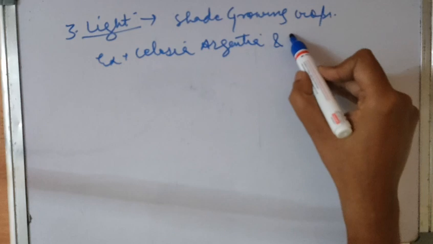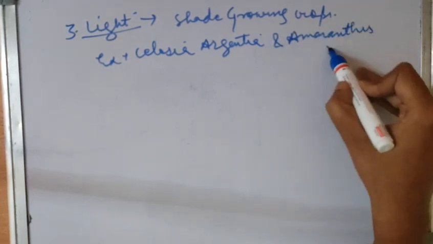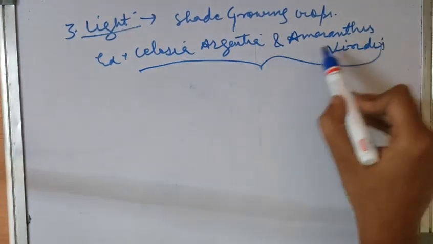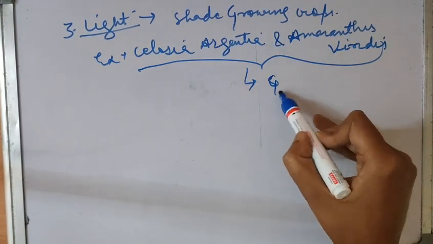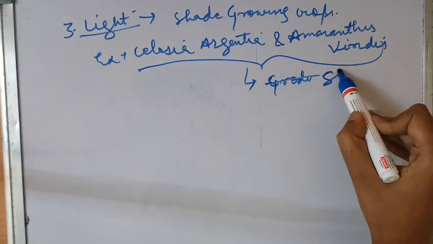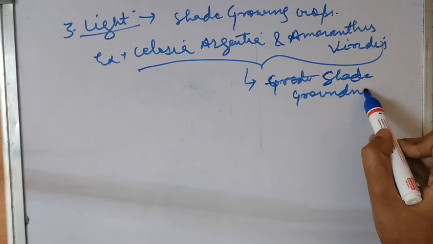And one more example, there is Amaranthus viridis. What do these two do? They shade groundnut.